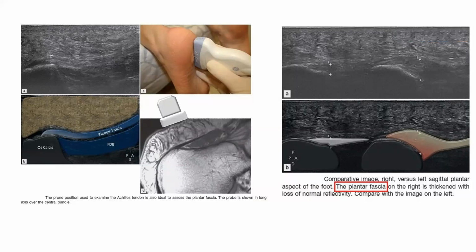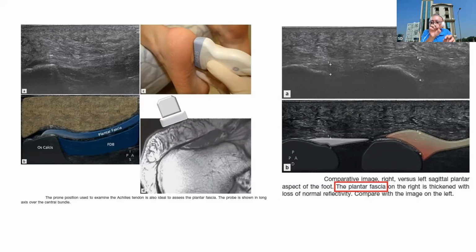So you put the probe in the tarsal tunnel. That is one footprint: one end of the footprint is at the medial malleolus, and another is over the calcaneum. In this, you can easily see the tarsal tunnel with tibialis posterior, flexor digitorum, and between the flexor digitorum and flexor hallucis, you can see 3 vessels, one artery and two veins, also known as the Mickey Mouse sign.